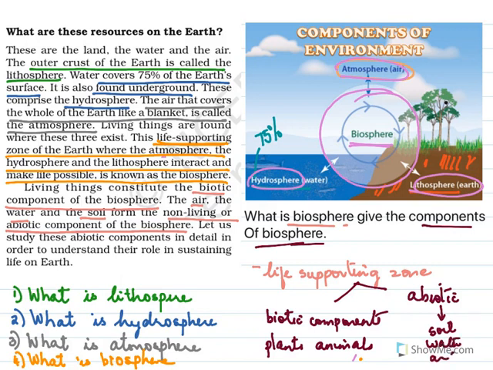These form the non-living or abiotic components.